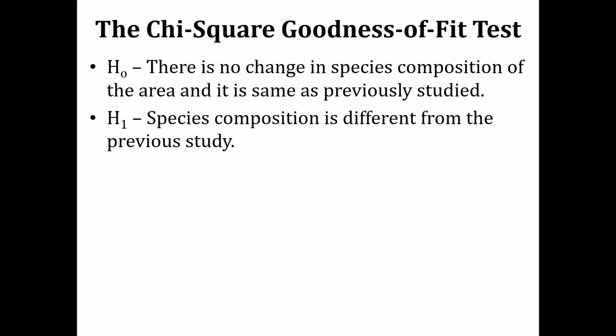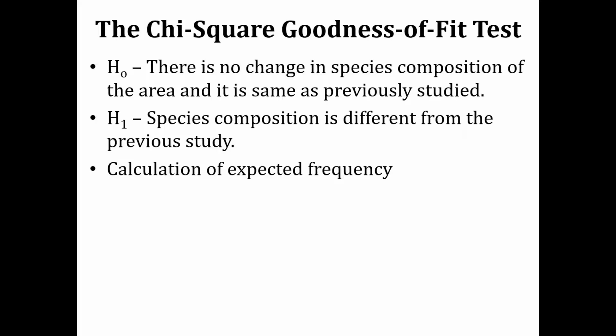Our null hypothesis is that there is no change in species composition of the area, and it is the same as previously studied. The alternate hypothesis, obviously, assumes a difference, and it says that species composition is different from the previous study.